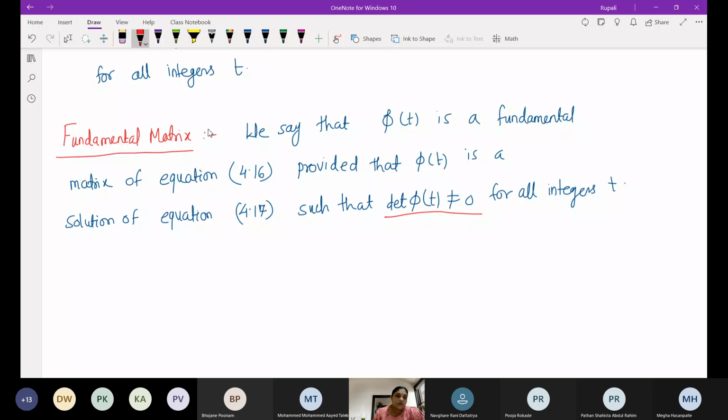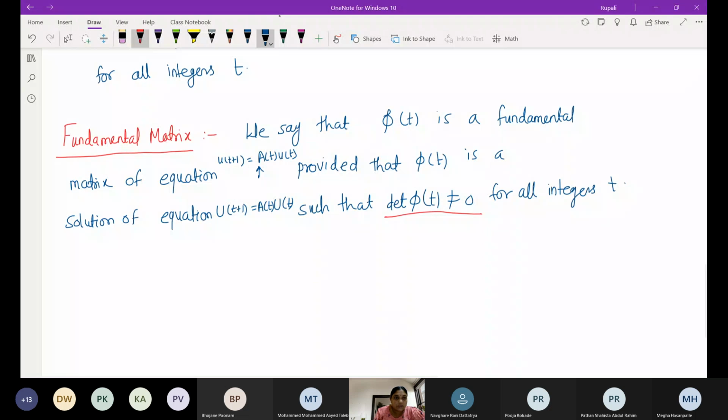Where phi t is a solution of the matrix analog whose determinant is non-zero. Instead of 4.16 and 4.17, we can write the equations also. Let me write them. u at t plus 1 is equal to A of t u of t, and here the capital matrix analog: capital U at t plus 1 is equal to A of t capital U of t.